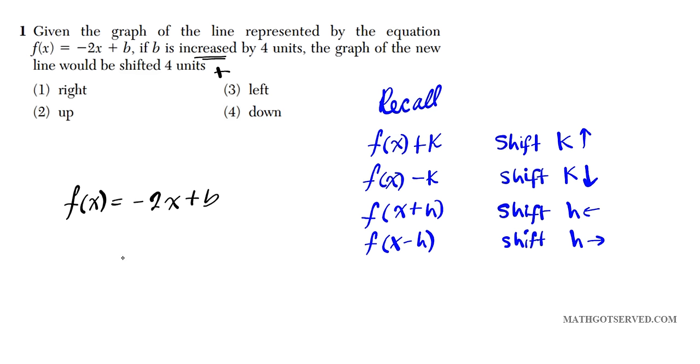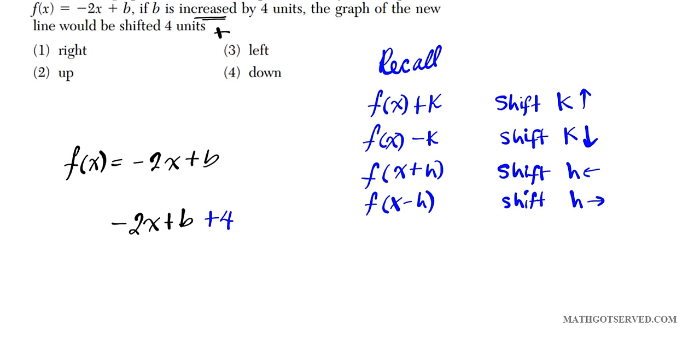So let's start with negative 2x plus b. Now I'm going to add 4 units to this situation here. Okay? Now I know that negative 2x plus b is equal to f of x, so I'm going to just substitute that value here. So this entire piece, negative 2x plus b, is f of x.